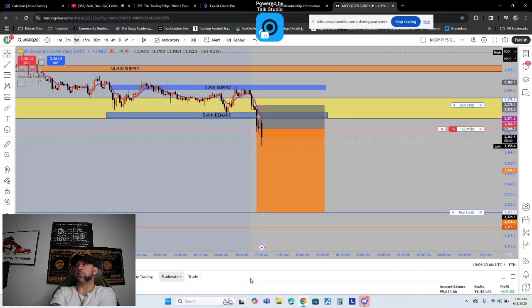The reason I have my stop loss where I have it is just in case at any point it does try to tap into that 5 minute demand again, I have it a little bit above it, so I don't get stopped out. So it looks like it's continuing to want to push down.